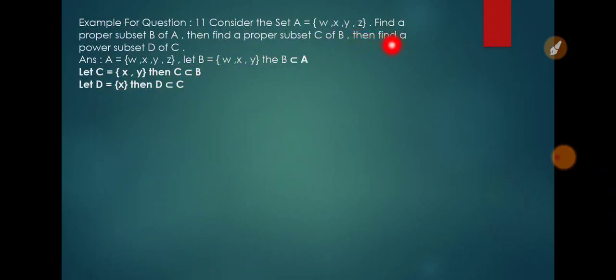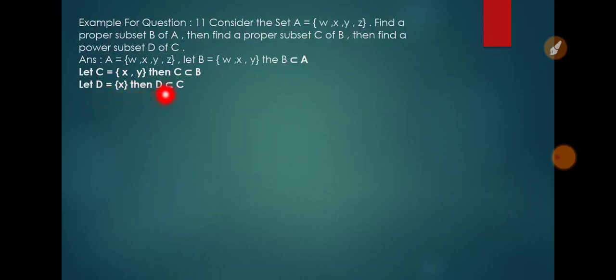Now the last one is: find the proper subset D of C. Now you have to make another proper subset from C. So here I am going to make it, let D is equal to {X}.